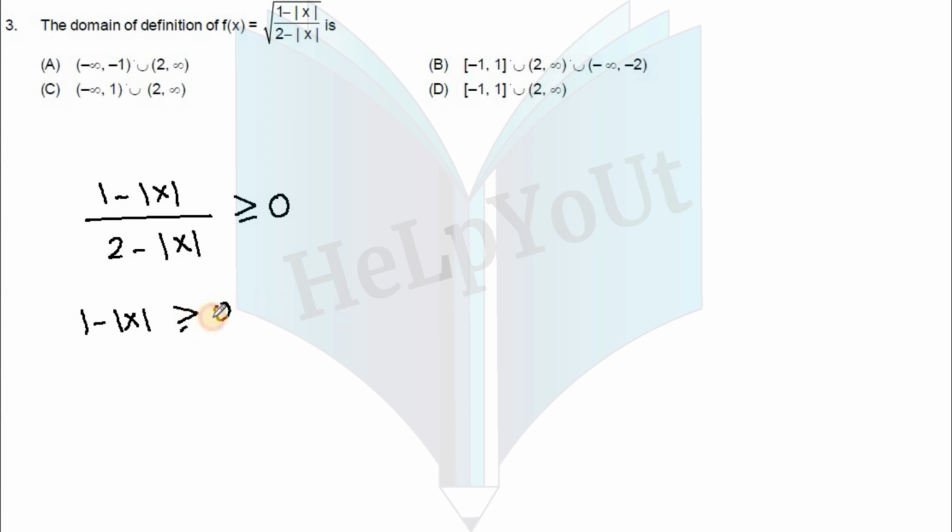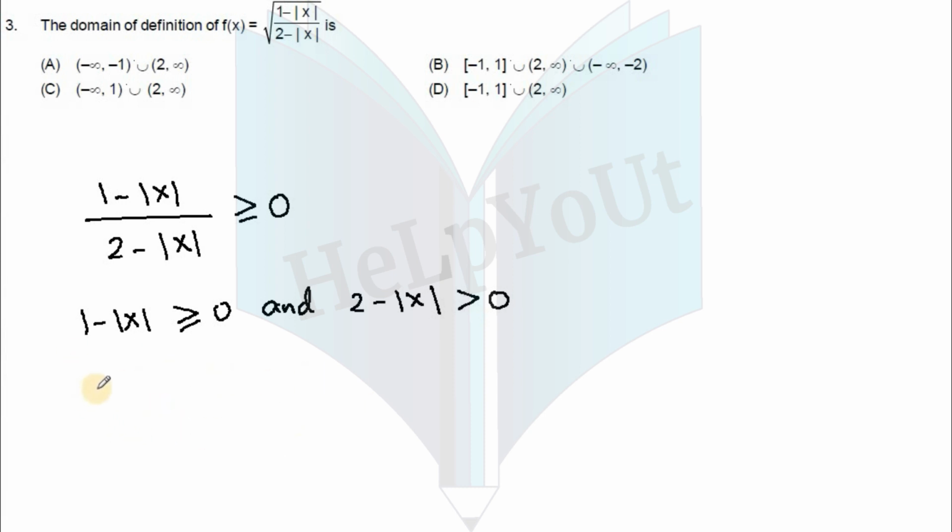Since this part is under a radical, it should be greater than or equal to 0. So (1 minus absolute value of x) by (2 minus absolute value of x) should be greater than or equal to 0. And when it is greater than 0, both of them should be positive or both of them should be negative. Two cases. For the first case, 1 minus absolute value of x is greater than or equal to 0, and 2 minus absolute value of x will be strictly greater than 0 because it can't be equal to 0, the denominator is never 0.